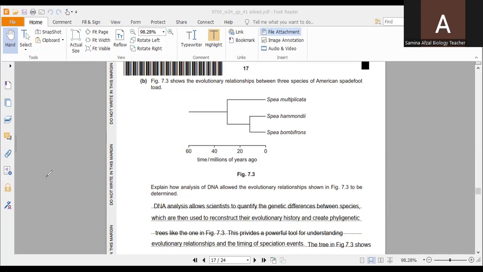Here you can see on screen S. multiplicata, S. hammondii and S. bombifrons. These different types show the different areas in which they exist.